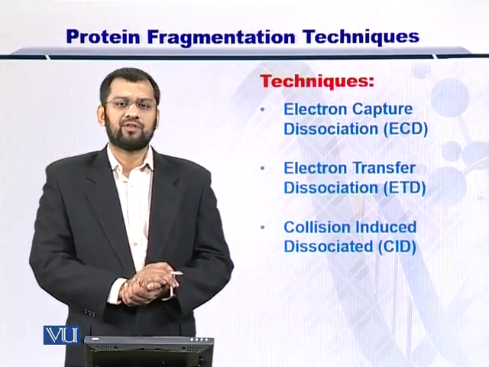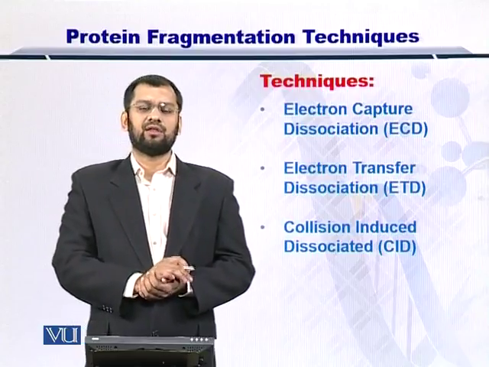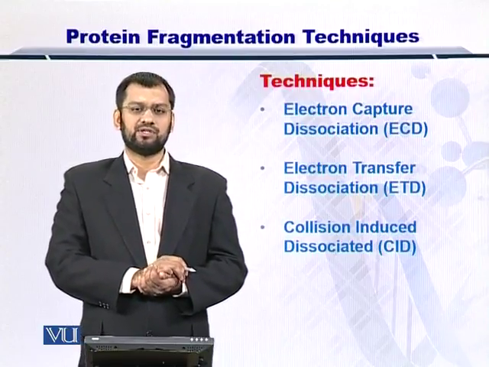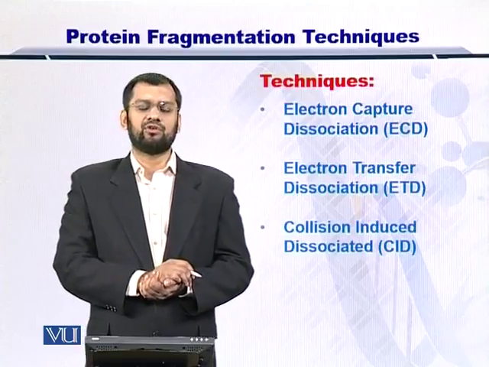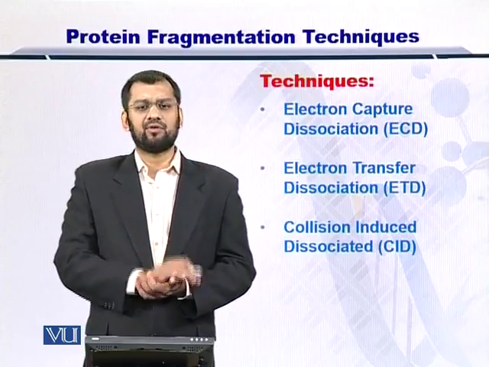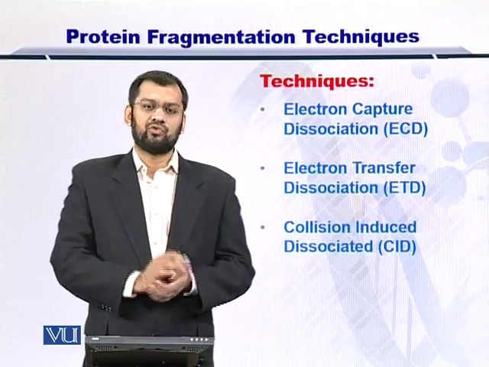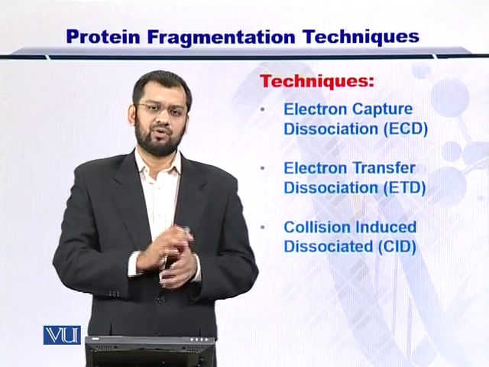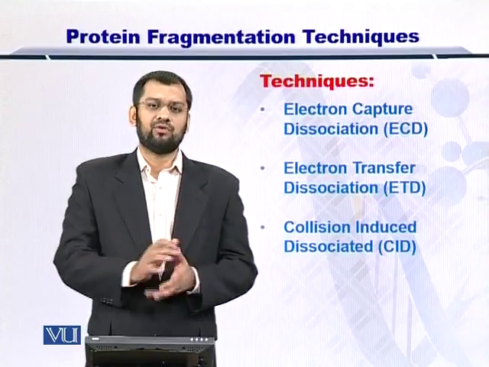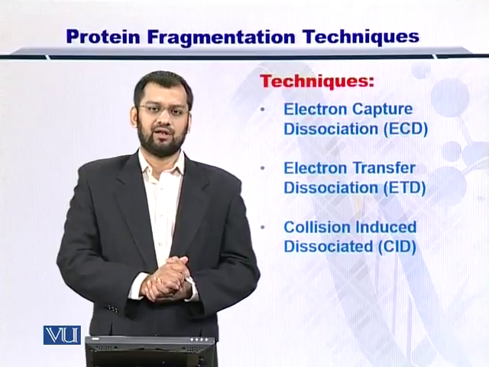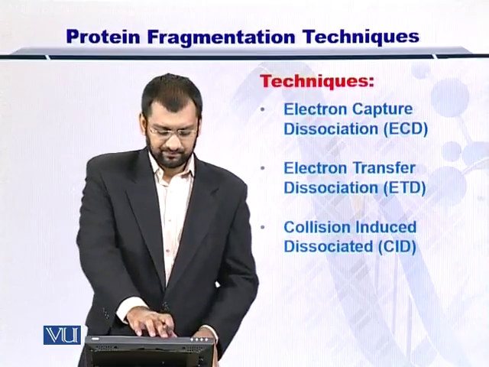One of them is electron capture dissociation, another one is collision-induced dissociation, and then there is electron transfer dissociation as well, and there are several other methods. So within your fragmentation chamber, you can apply any one of these methods and arrive at the fragments.